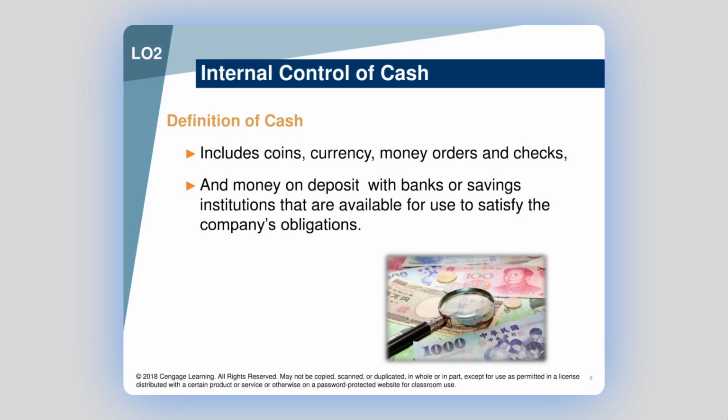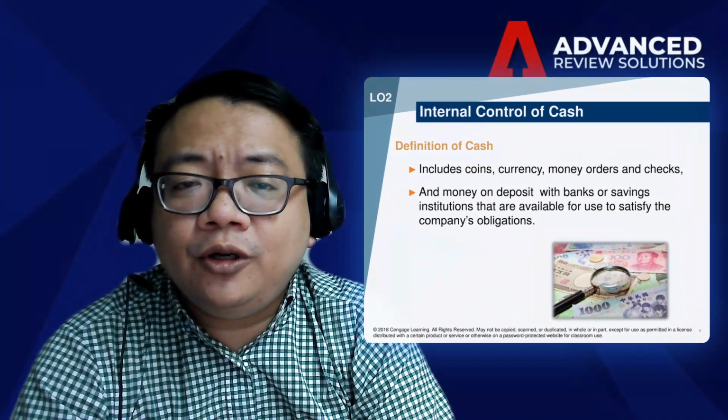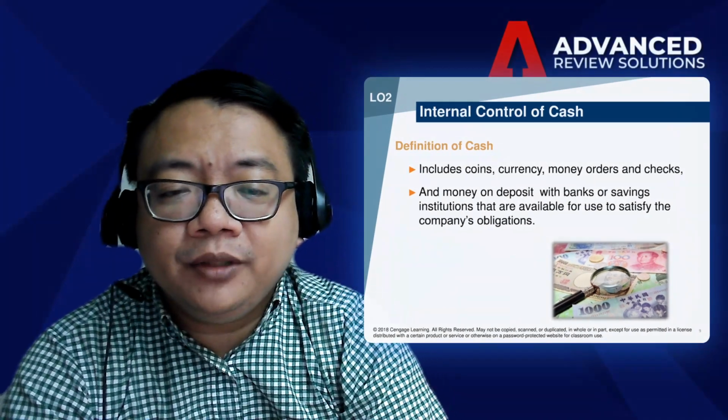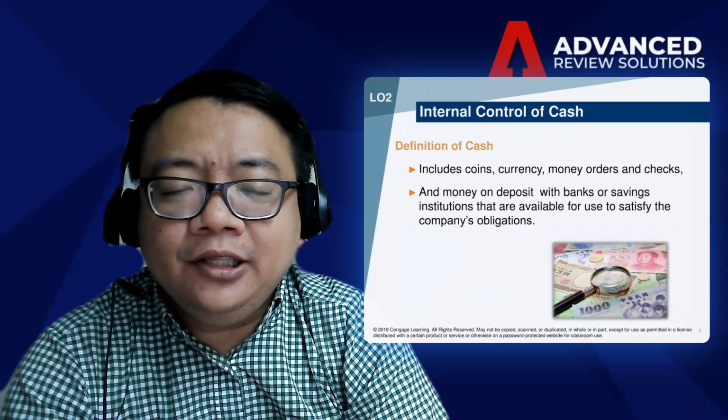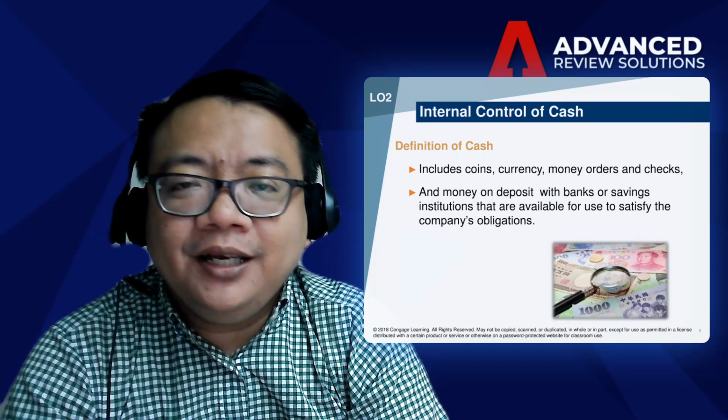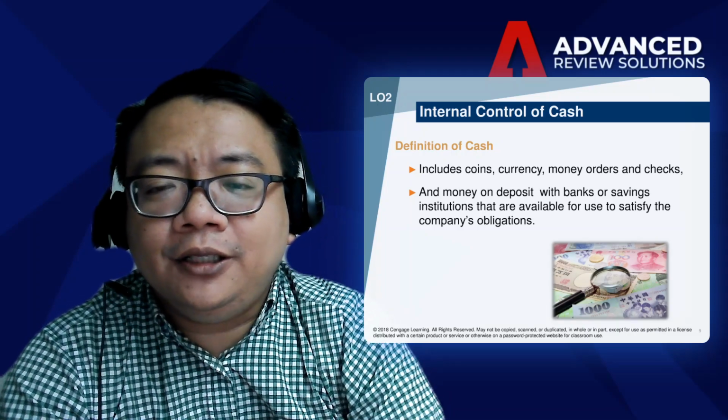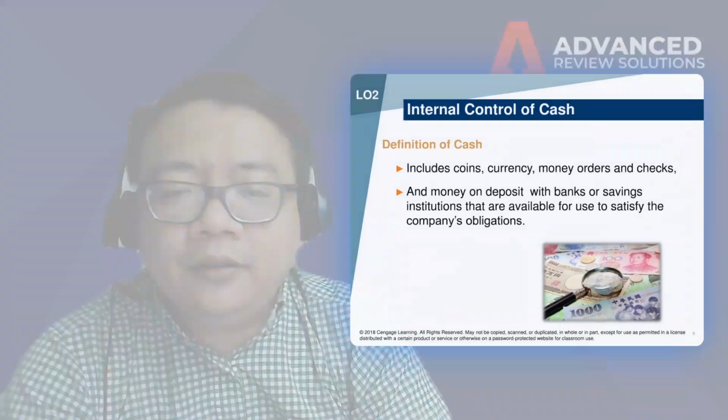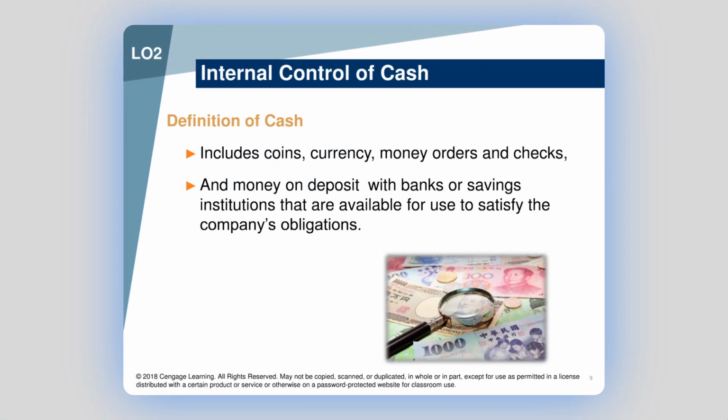Very important, class, that when we're talking about cash, we should also have internal control of cash. So what does this mean? Number one, very important here is the definition of cash. What does cash mean? It includes your coins, your currency, your money orders, and checks.